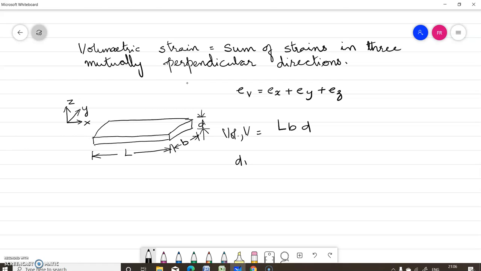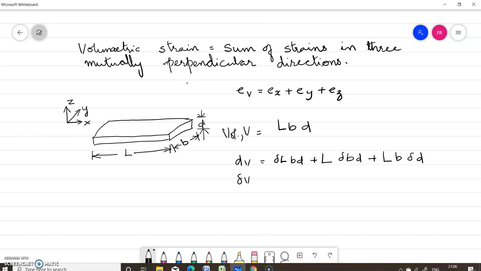So what is the change in volume? If there is change in length, change in volume will be change in length into breadth into depth, plus if there is change in breadth, length into change in breadth into depth, plus change in depth, so length into breadth into change in depth.